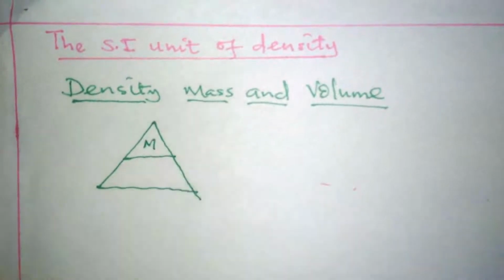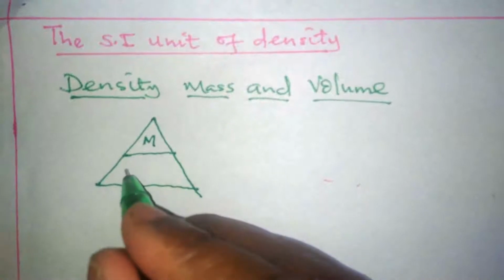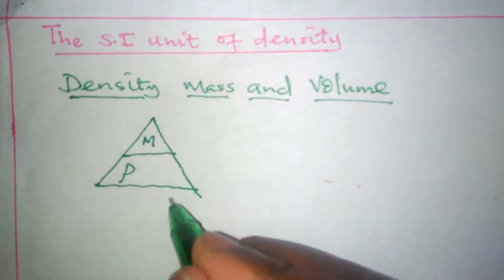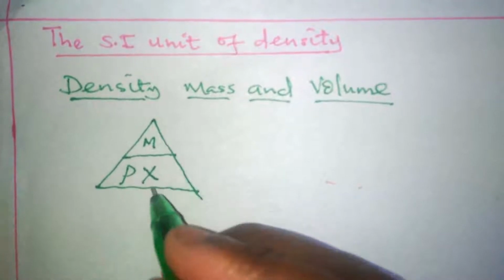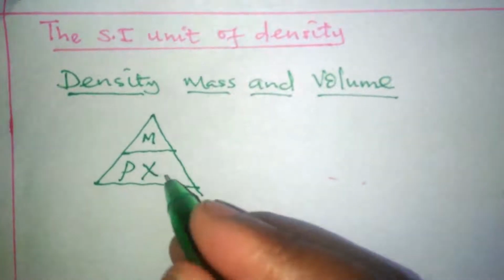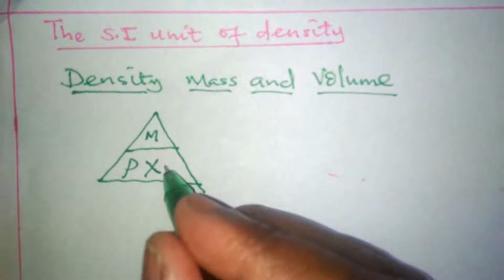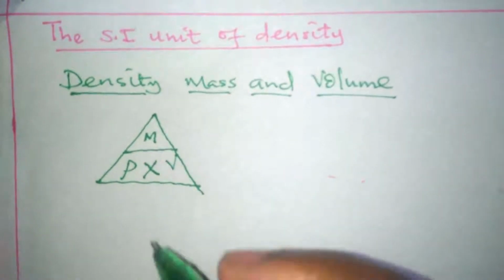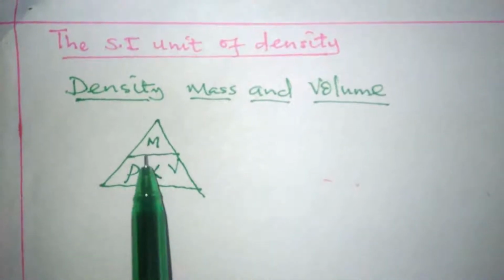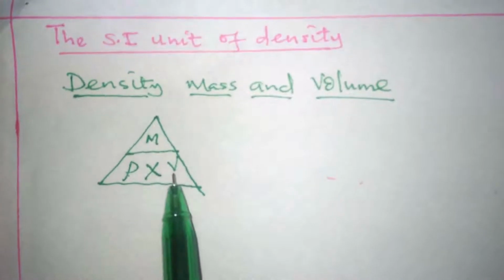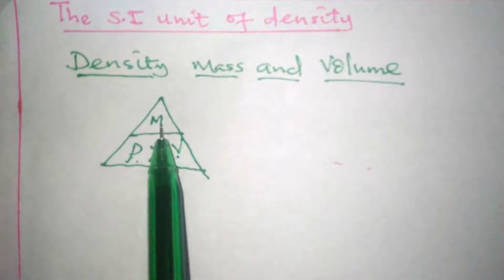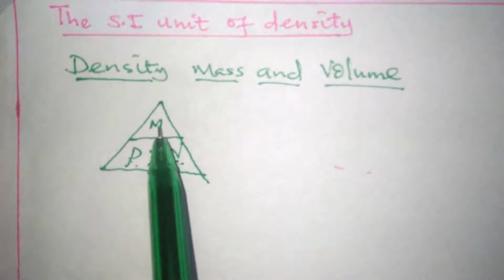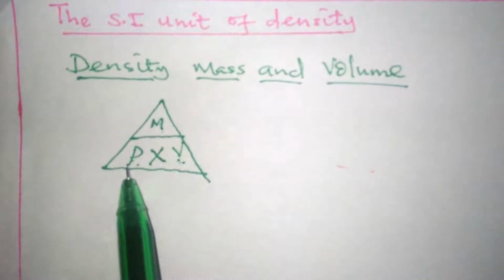We are going to have mass there, and density here. And remember, I've used the symbol rho. Today I'm going to replace the vertical line with a multiplication sign, so that we see mass is equal to density times volume, whereas density is equal to mass over volume, and volume is equal to mass over density.